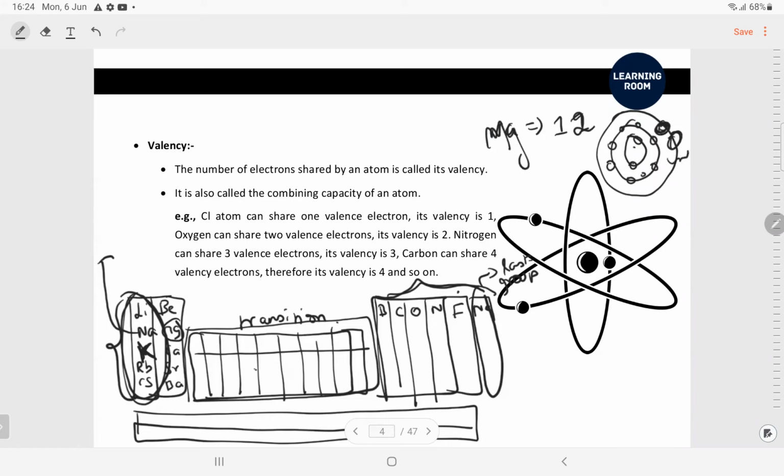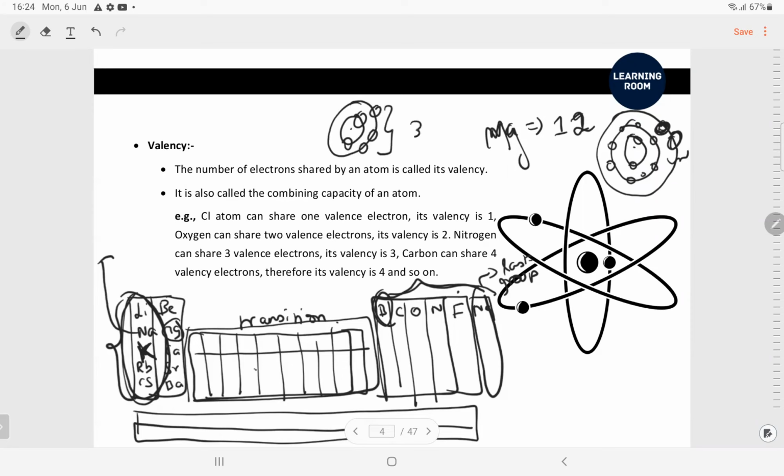Now I'm moving to my next one. If I'm taking boron, what is the atomic number of boron? Any guess? 5. You're right. So what will be the valency of boron? In the first shell, the K shell, 2 electrons, and in the L shell, 3 electrons will be there.